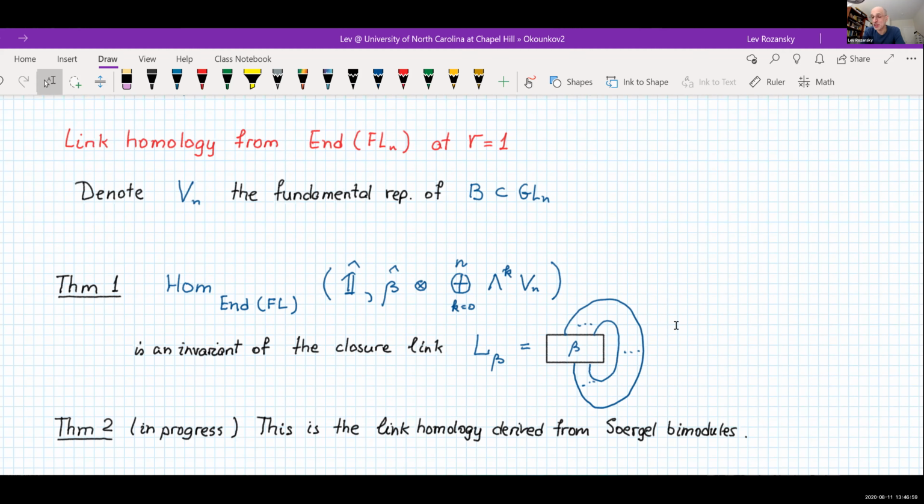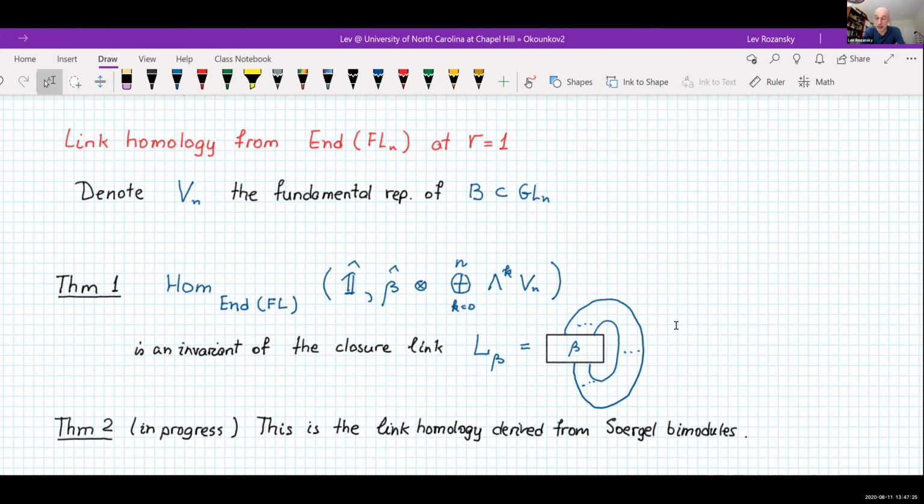So you see, since we're working with equivariant categories of matrix factorizations, almost the same as coherent sheaves, we can easily tensor with representations of the equivariance group, which is the advantage of this construction, makes it easy. So the theorem says that what you get is an invariant of the closure link of that braid.